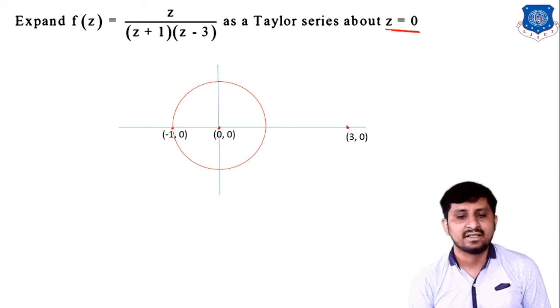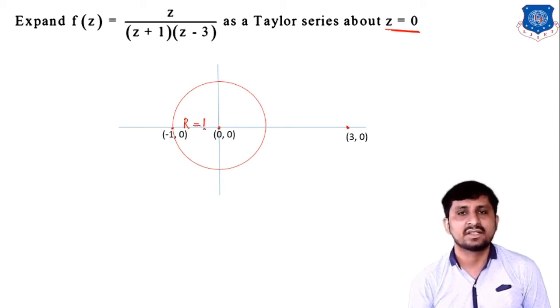Now I want to express this function as a Taylor series, so the maximum radius I can take is r is equal to 1, because as you know, a Taylor series we can express only for the inside part of that circle. 0, 0 is the center, so from the center point we can take maximum radius r is equal to 1.